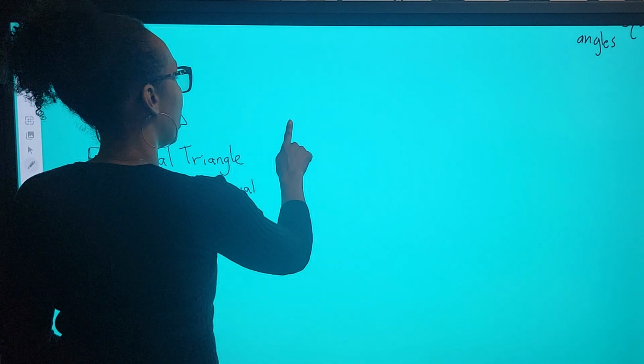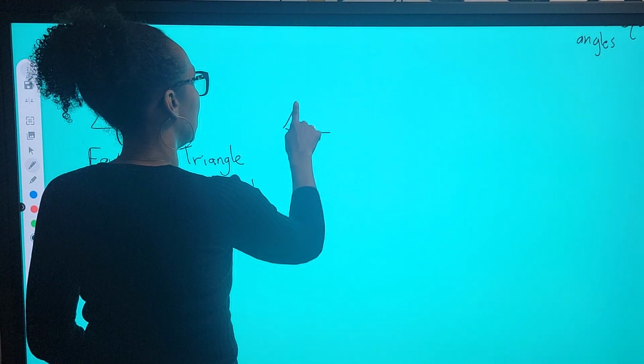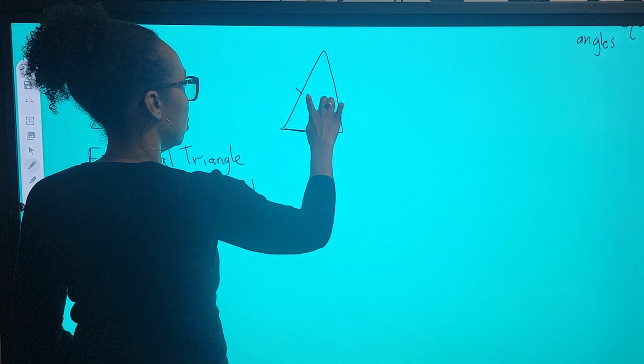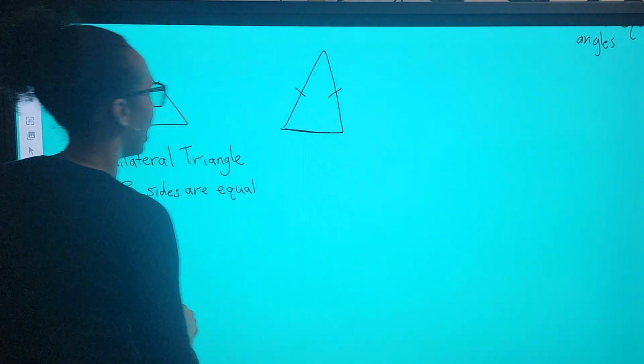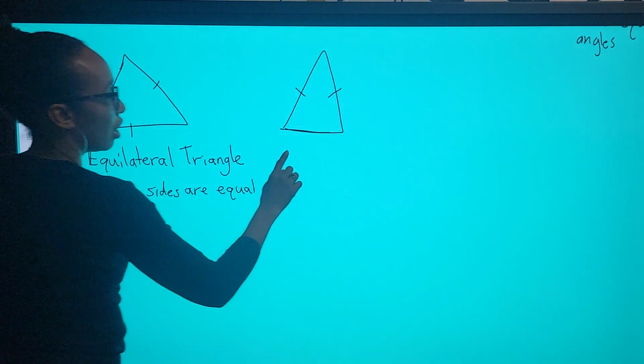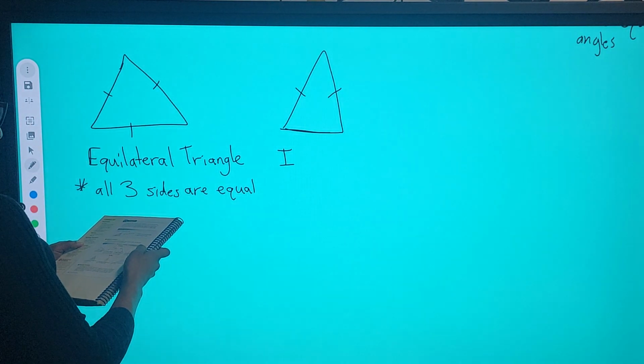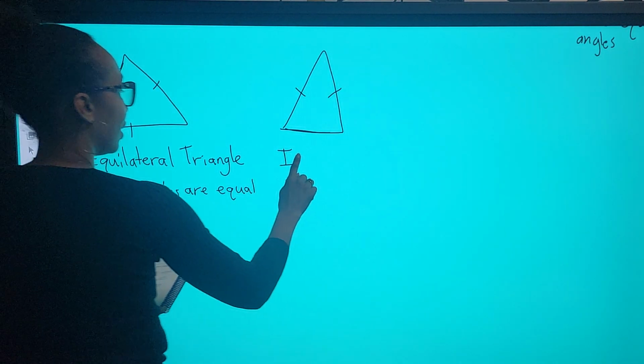If instead of all three sides being equal, there are two sides that are equal, again identified by the hash marks there, we call this an isosceles triangle. And I always spell isosceles wrong. Make sure I'm spelling it right.